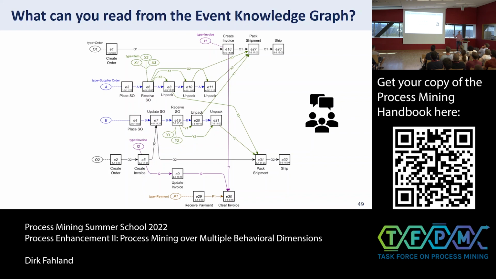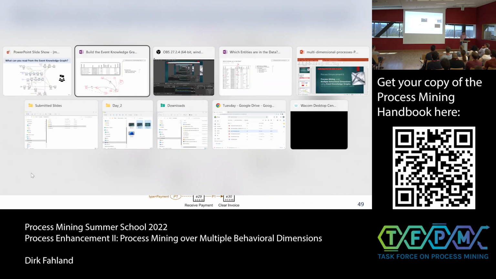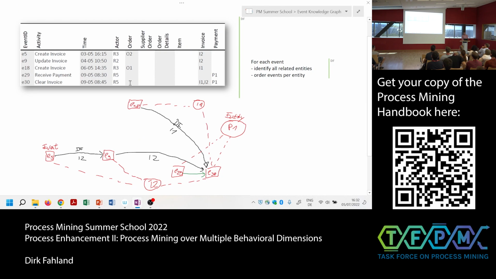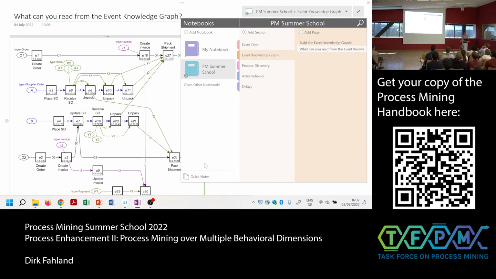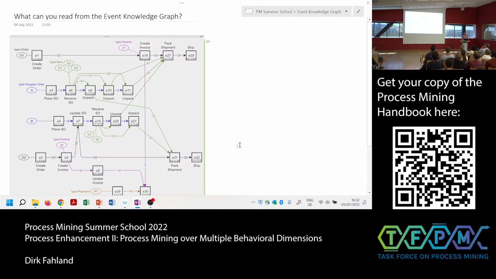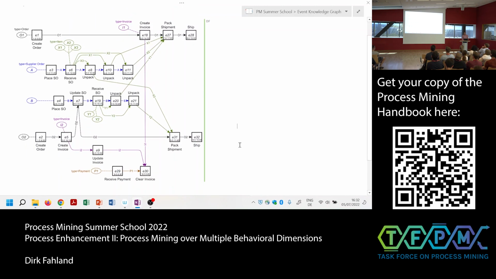Who thinks this is complicated to look at? This isn't easy. Let's study it a bit. I'm asking you again. What can you see? What do you see in this graph?